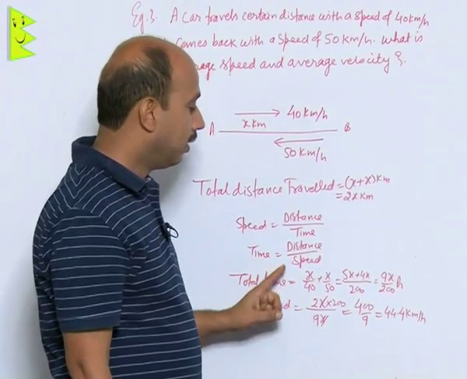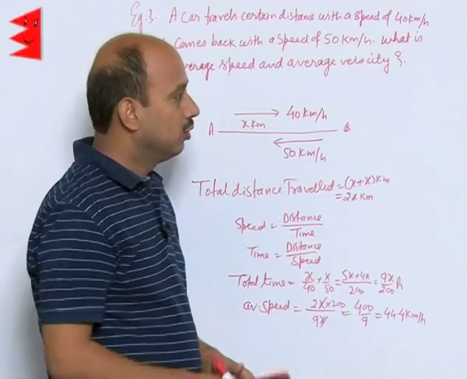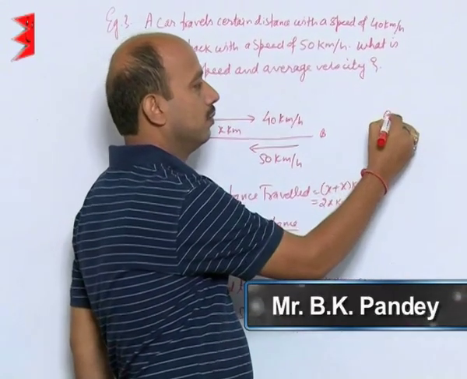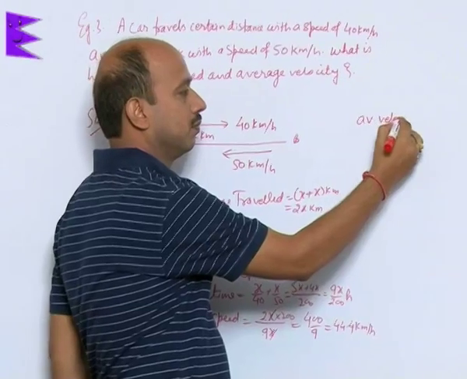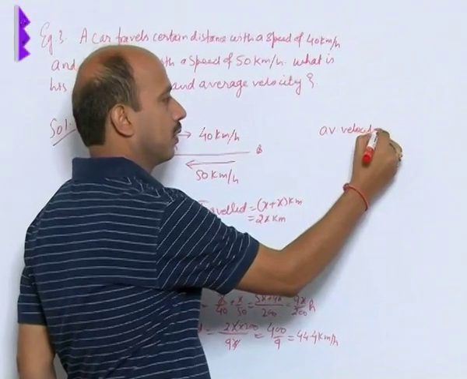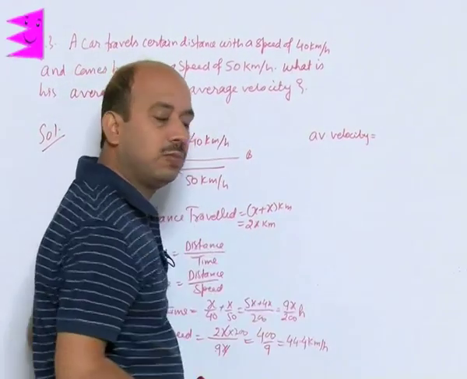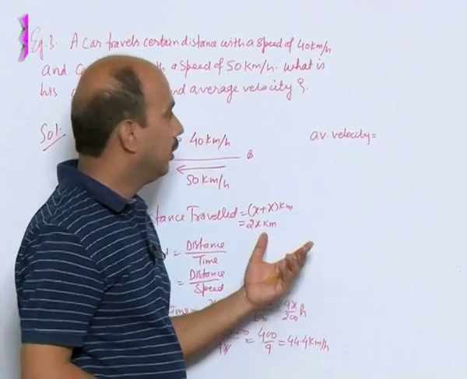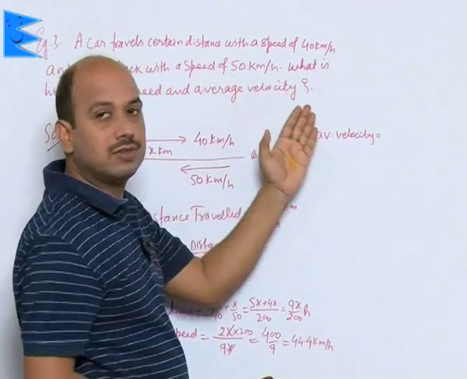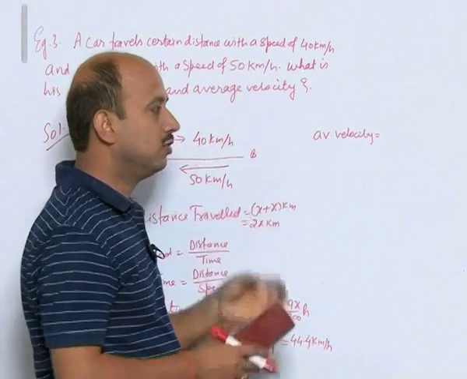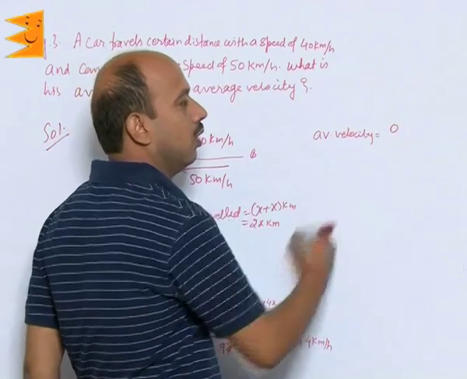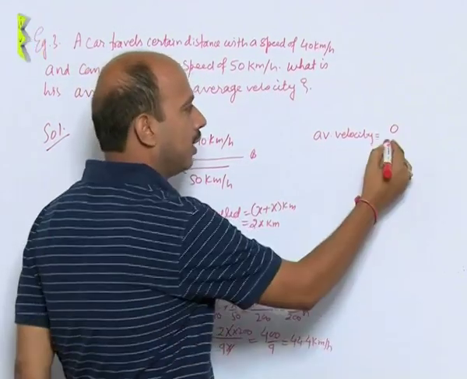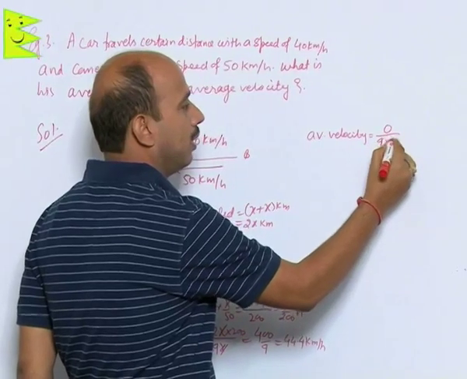Now, we can calculate average velocity. Average velocity can be written as total displacement upon total time. You know the body has gone a certain distance and come back again to the same position. So, displacement is 0, and whatever is the total time taken, that you can write here, 9x by 200.